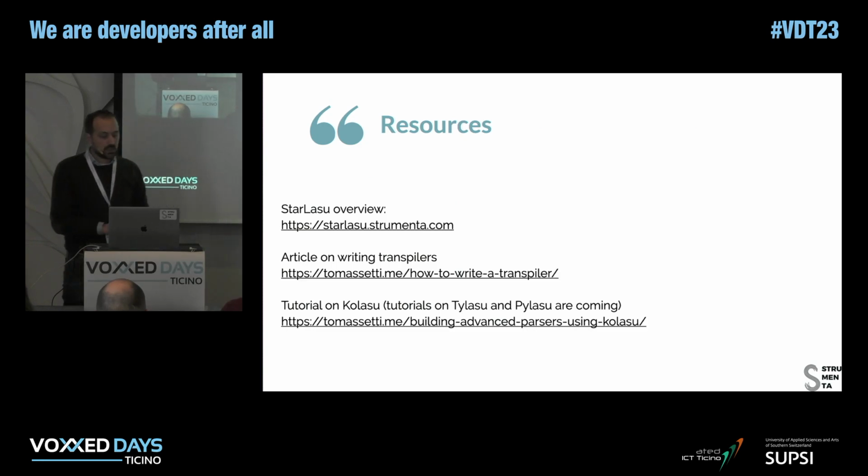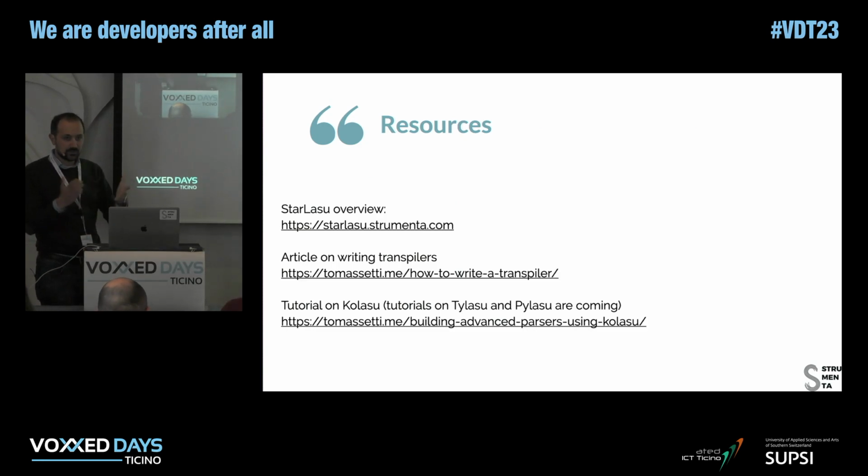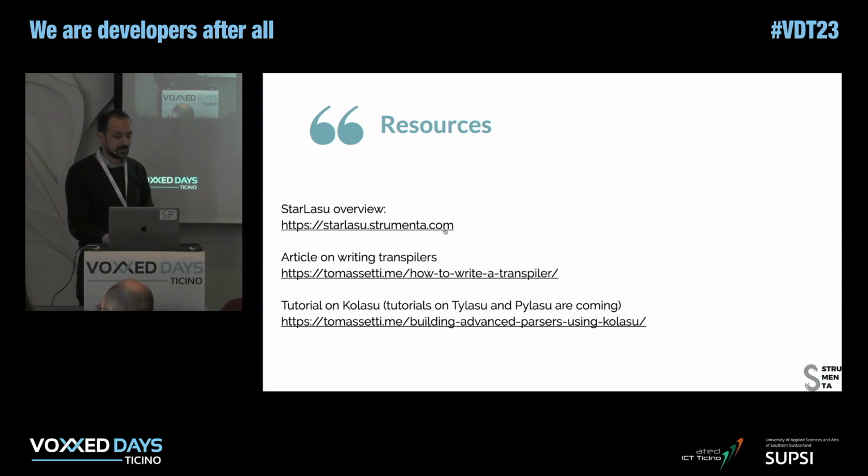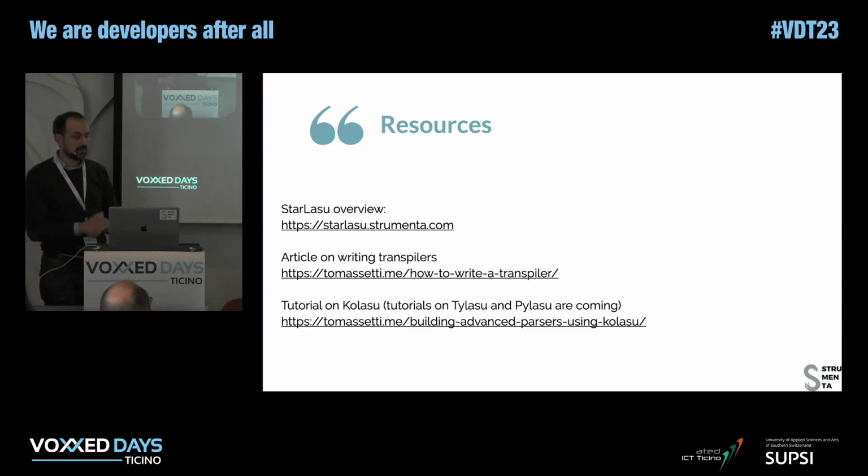Now, I am about to conclude, so we will have time for questions. And these are a few resources, so some preliminary documentation of Starlasu that you can take a look at. And as I said, these libraries are all open source.